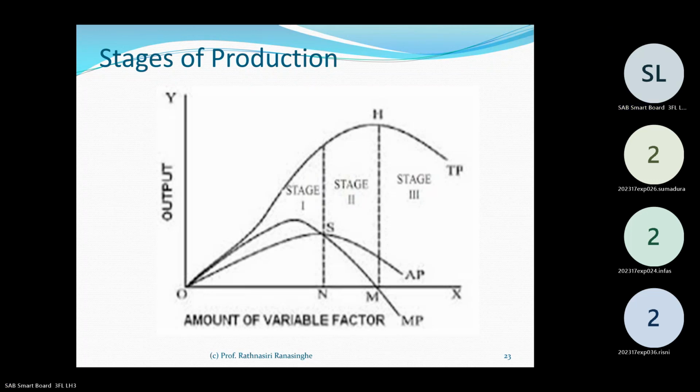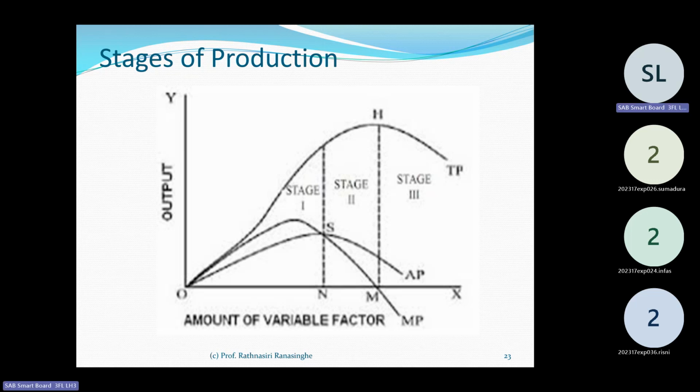In the third stage, we incorporate excessive labor input, total production tends to decrease. If you incorporate labor inputs beyond the endpoint, total output decreases. That means marginal productivity is negative. Average productivity also continues to decrease.